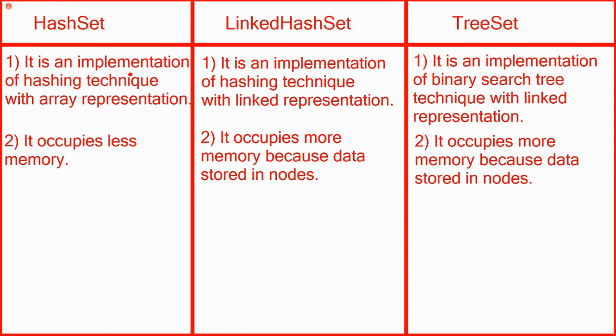It is an implementation of hashing technique with array representation. It is an implementation of hashing technique with linked representation. It is an implementation of binary search tree technique with linked representation. Otherwise, red black tree you can write. It occupies less memory. It occupies more memory because data is stored in nodes.